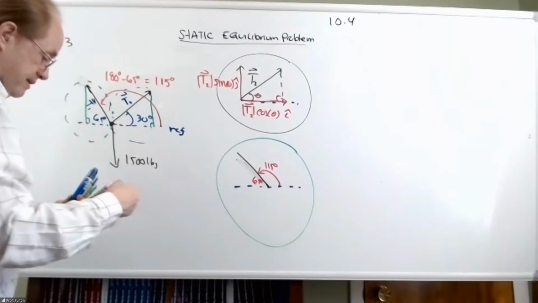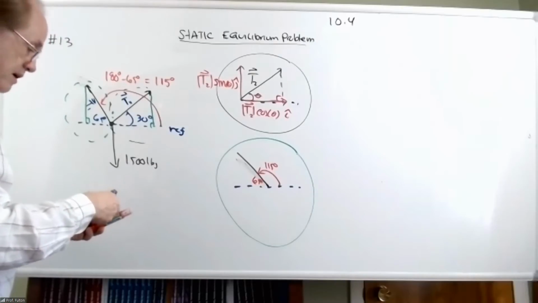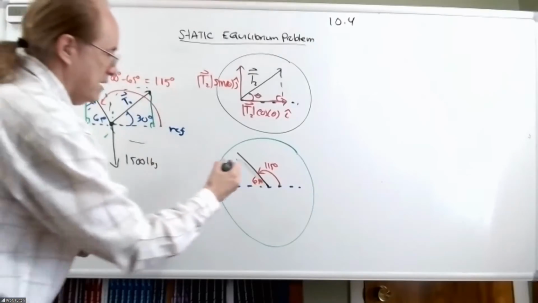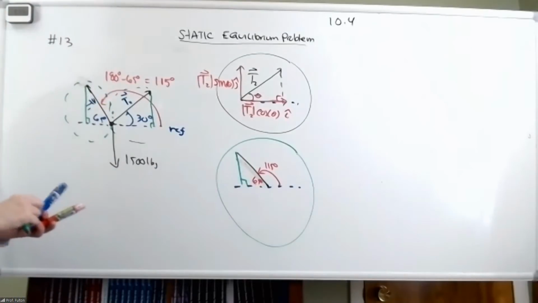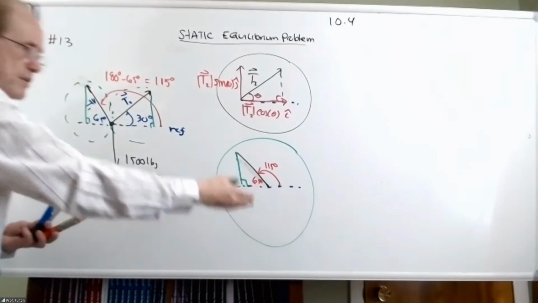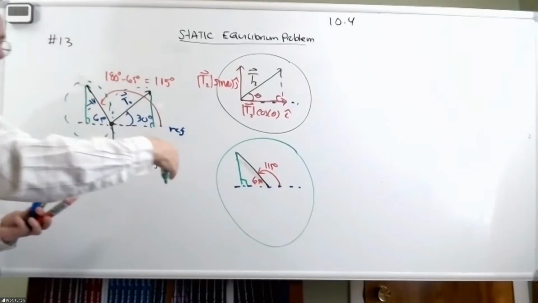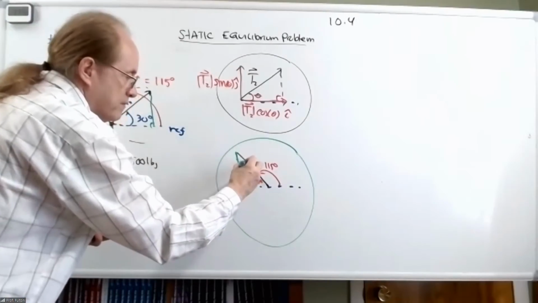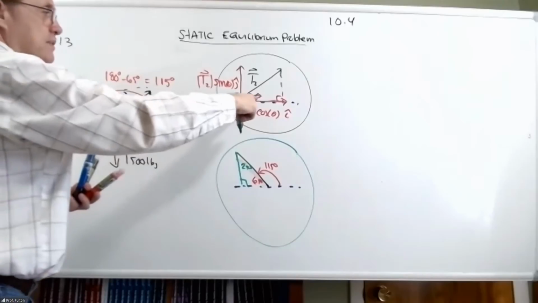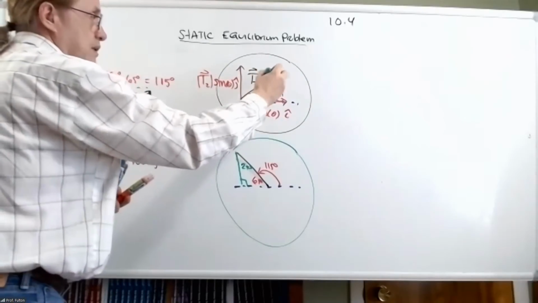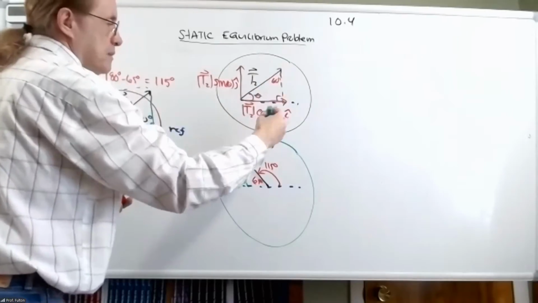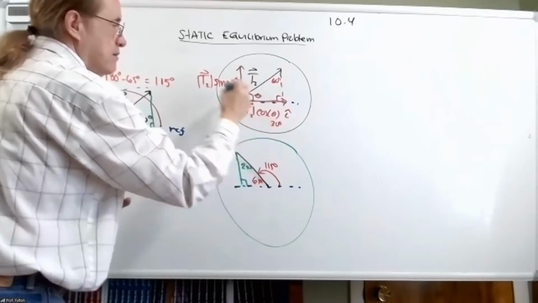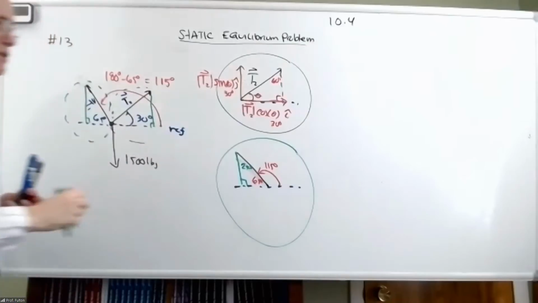We could figure out these other angles as we desire. Let's bring that vertical down over here. That's 90. The sum of the interior angles of any triangle is 180. If we wanted to, we could put this as 25 degrees, just as I could put this as 30. If that's 30, that would be 60 degrees. So theta is 30 degrees for that particular problem.